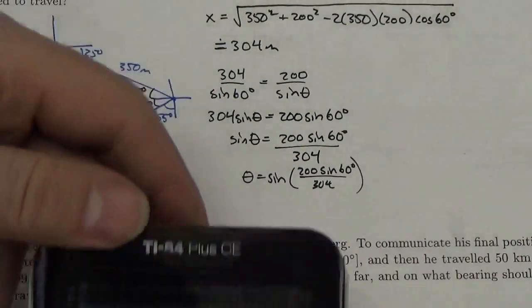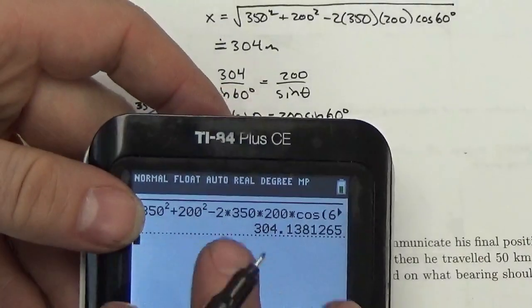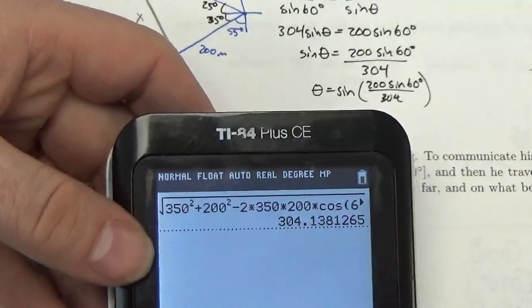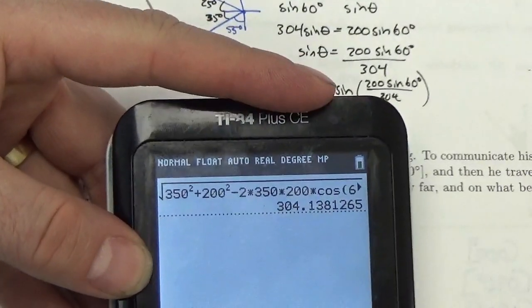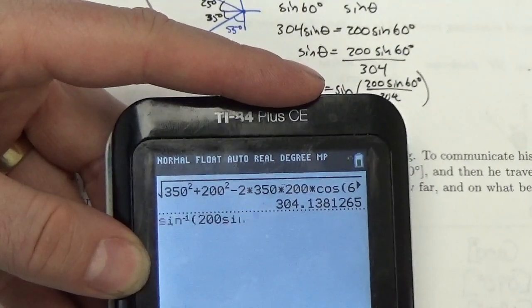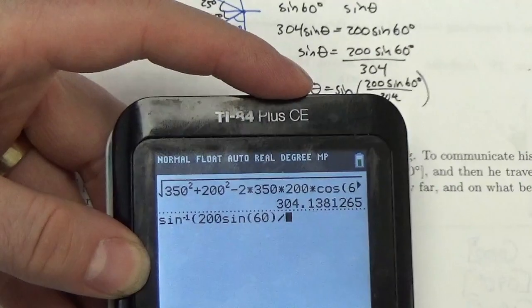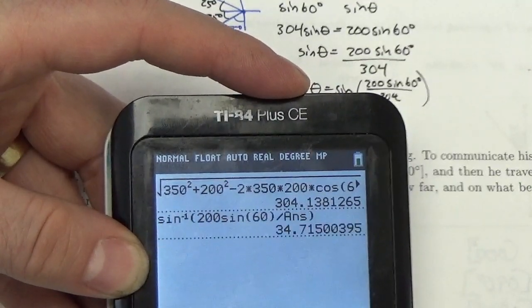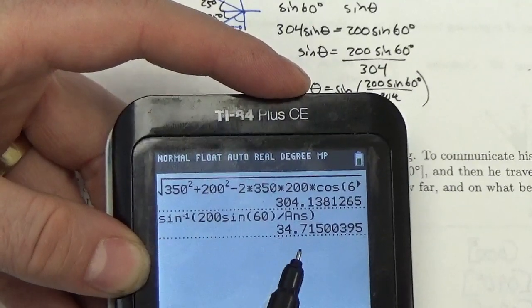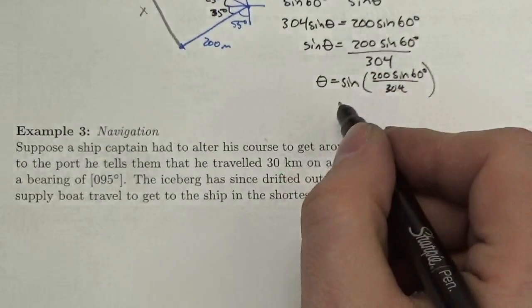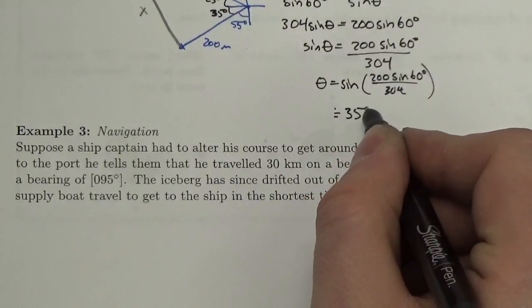Now I'm going to go to my calculator and do that, except here I'm going to use that 304, 0.138, and so on. So this is going to be the inverse sine of 200 multiplied by the sine of 60, then divided by the answer that I just got in the previous step. To the nearest degree, I get 35 degrees. So that's going to be approximately 35 degrees here.